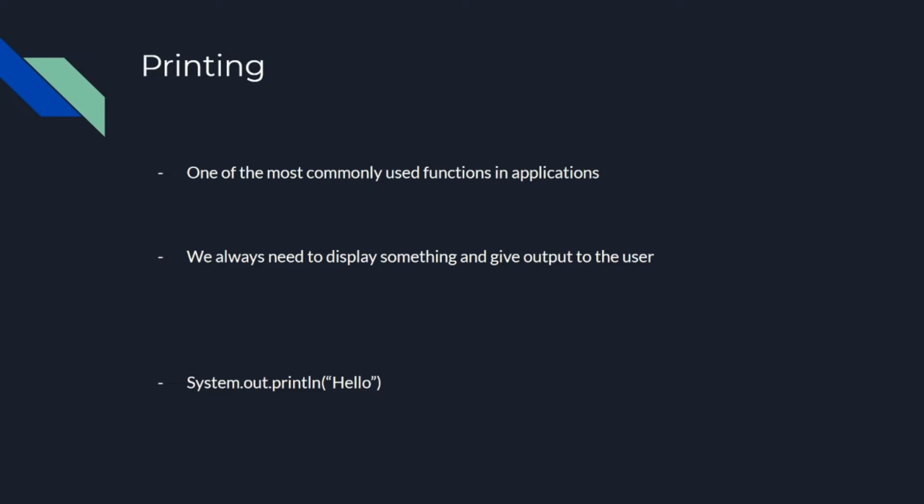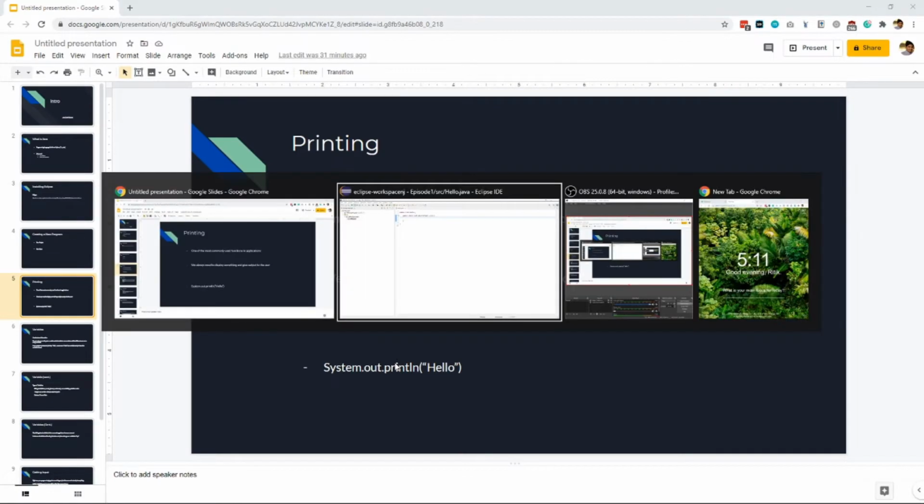All of that is basically output that the user can see. So one of the main functions of all programs is to print something out. We can do that in our own program by typing out this line of code right here. So I'm going to do that right now.